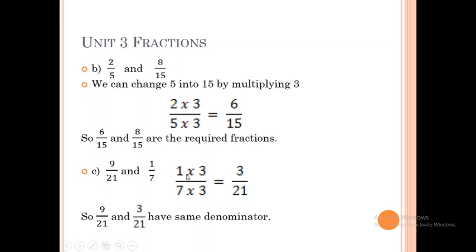When you multiply it, you will get 3 by 21. So in the place of 1 by 7, we will use 3 by 21, and here we have two fractions, 9 by 21 and 3 by 21, which have the same denominator, that is 21.